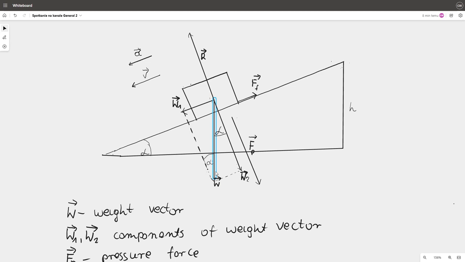Its magnitude W equals mass multiplied by G, where G is gravitational field strength. It is equal to acceleration of bodies due to gravity. Next, we draw components of weight W1 and W2.